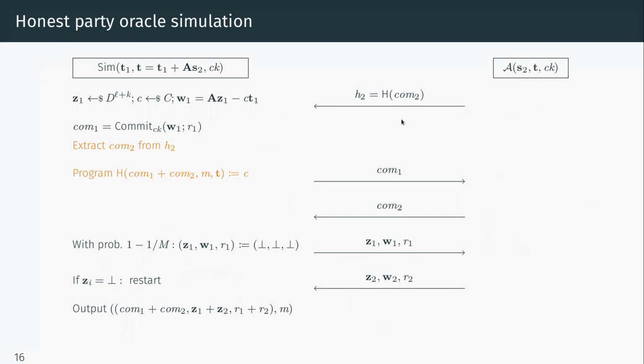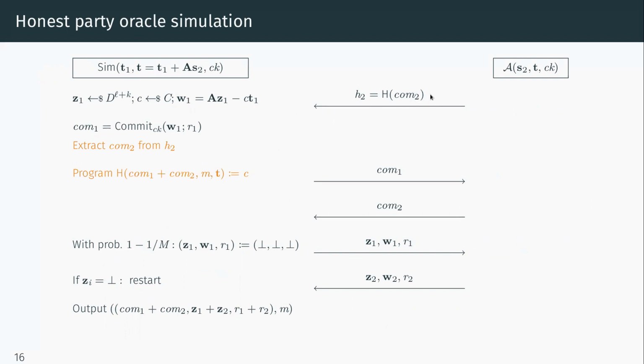Now, I'm going to explain why this hash commitment is necessary. Of course, the simulator first generates the transcript Z, C, and W. Those are the simulated transcript.